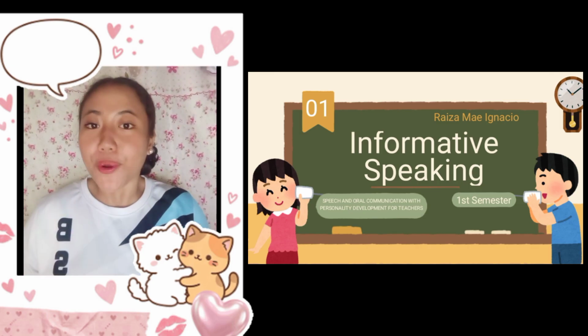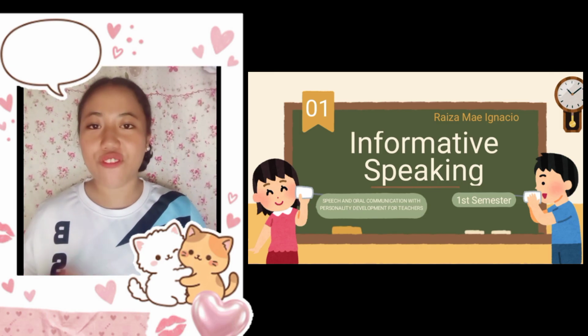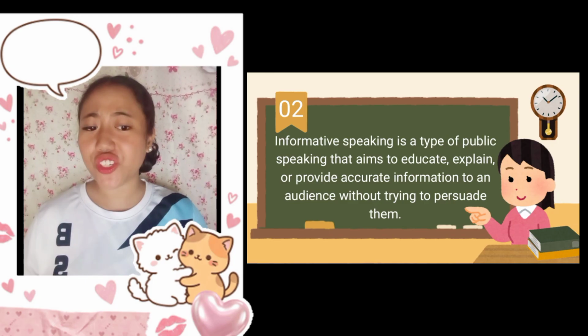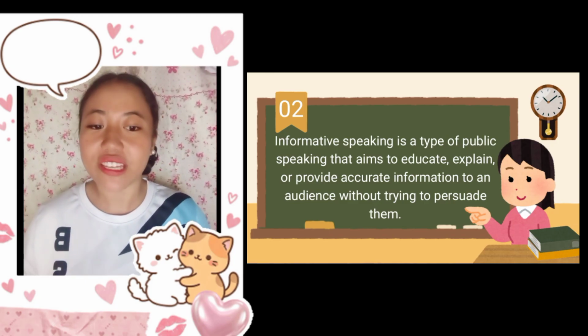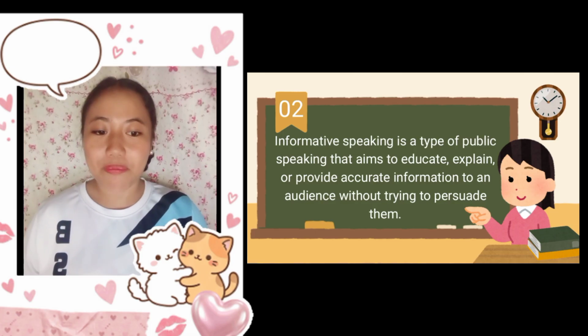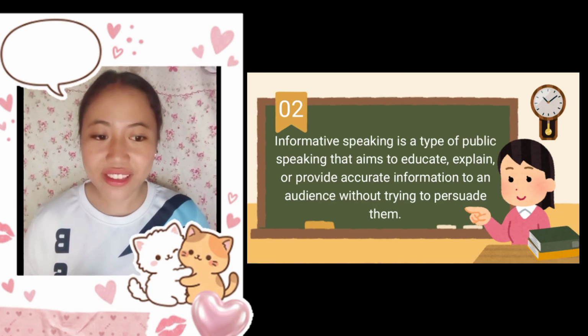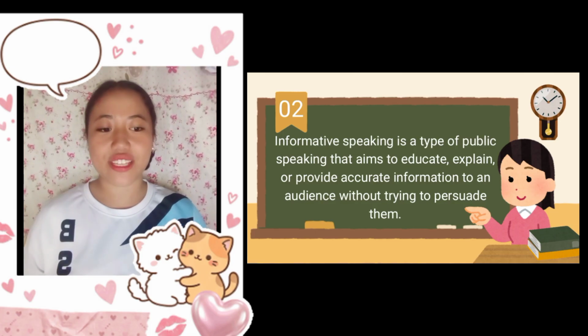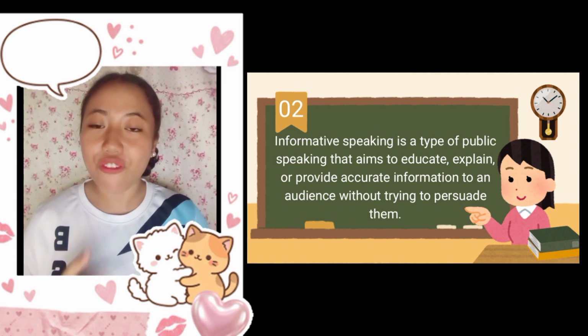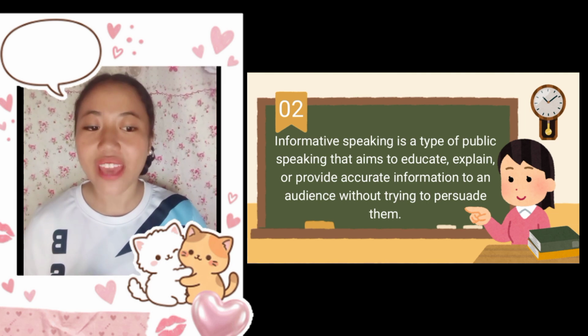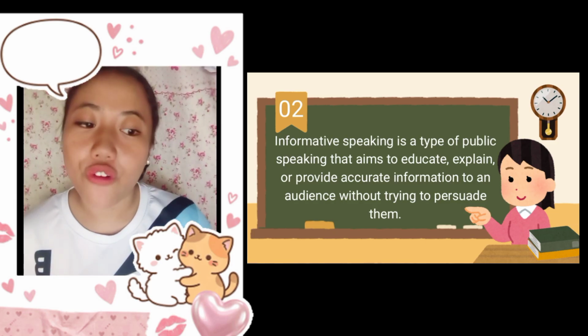What is informative speaking? Informative speaking is all about sharing knowledge. The speaker's goal is to help the audience understand a topic clearly using facts, examples, and explanations. Unlike persuasive speaking, informative speaking does not try to change people's opinions.